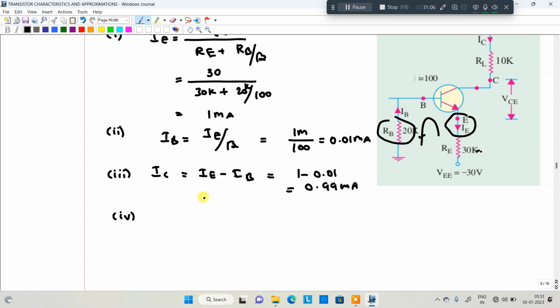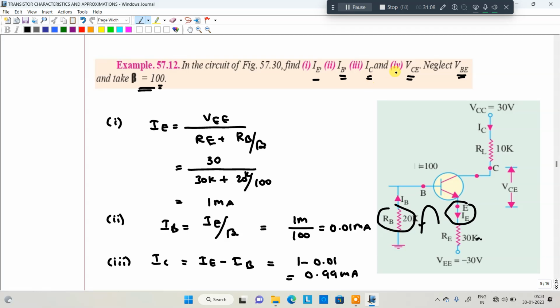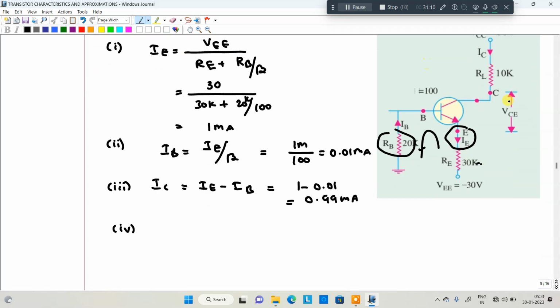You're asking about VCE. VCE is nothing but the voltage across here. VCE is equal to VCC minus IL into RL, that is IC into RL.